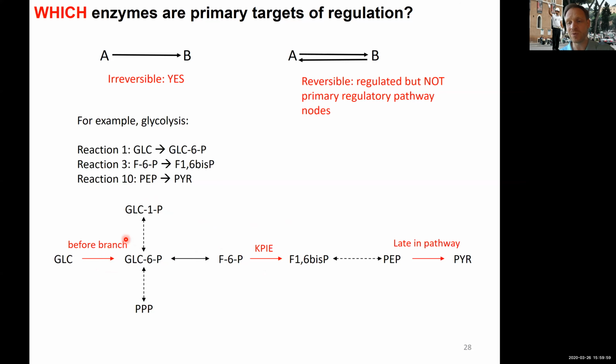So this is what we call the K-pi, the key physiologically irreversible enzyme. While all three irreversible reactions are regulated here, this is the major one because it allows for the most dynamic regulation of glycolysis.